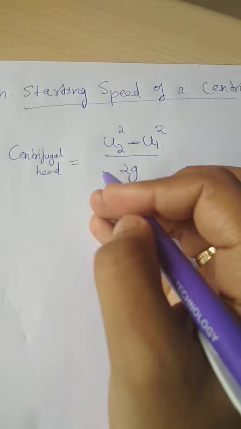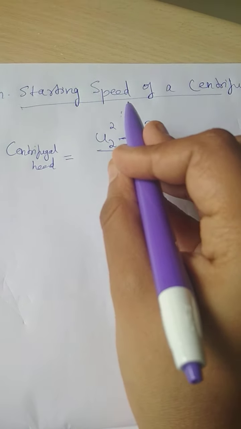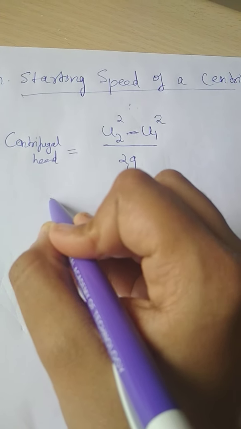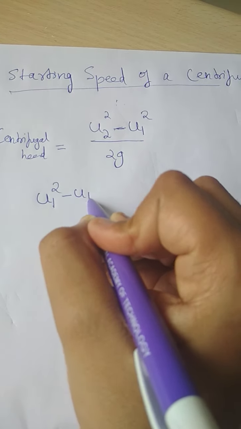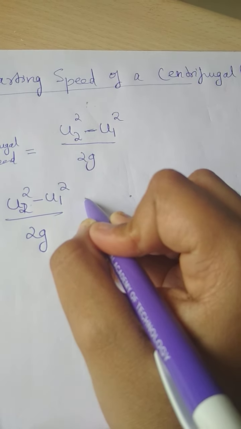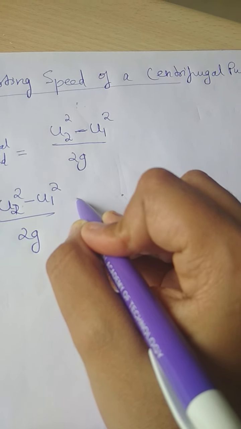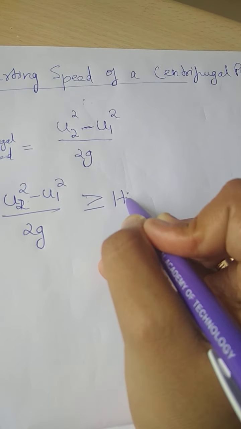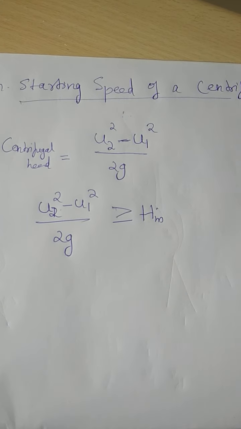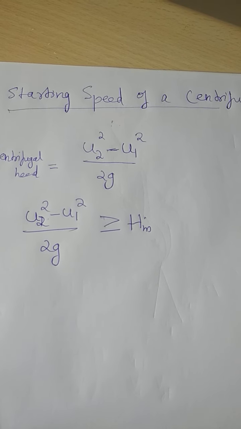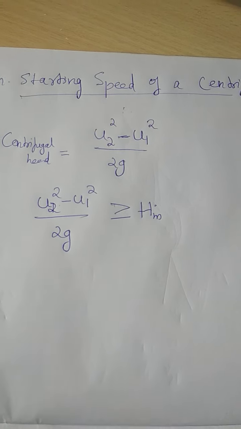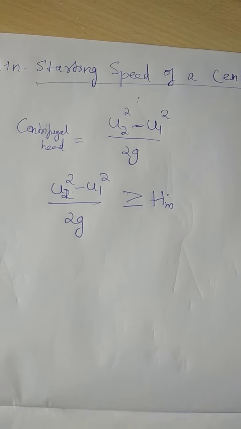For the pump to start, the centrifugal head developed should be at least equal to the manometric head, meaning greater than or equal to the manometric head. So the centrifugal head developed should be greater than or equal to Hm for the pump to start.